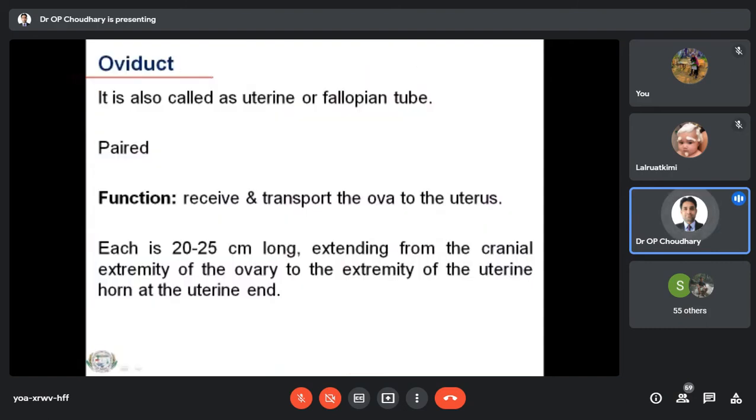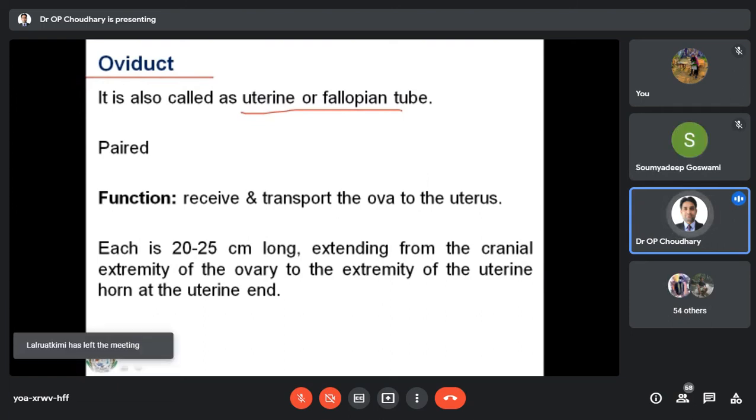The next structure is the oviduct. The oviduct is also called the uterine or fallopian tube, and it is the site of fertilization. The cranial part of the oviduct usually collects the released ovum from the ovary, that is the fimbriated part, as I already told you.